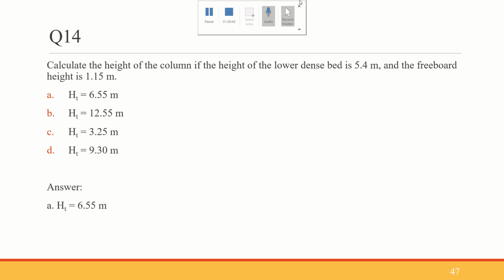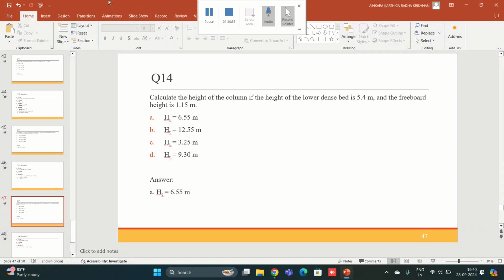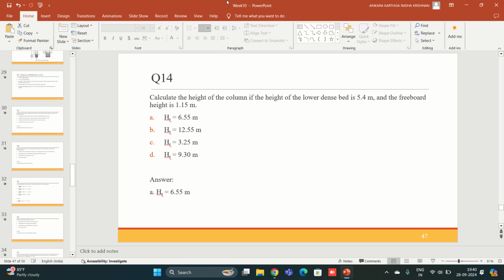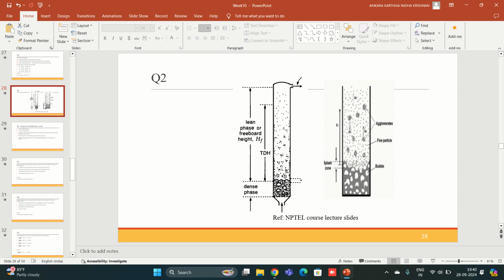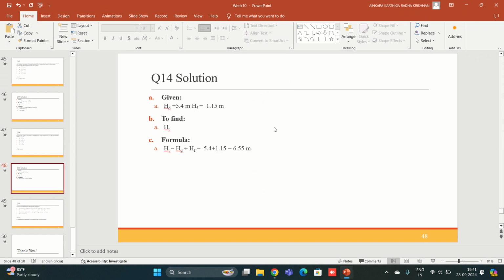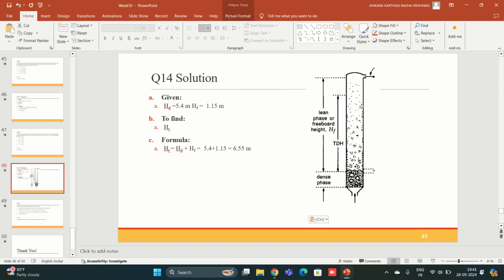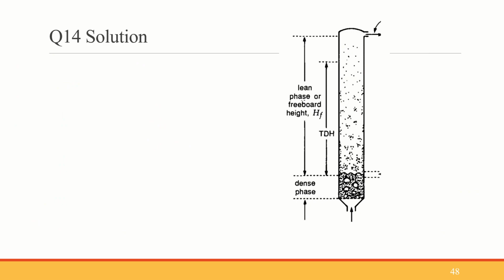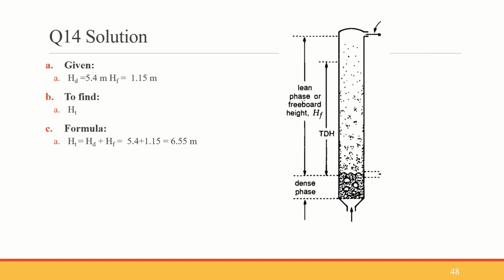So again, it is the simplest problem where we are asked to find the height of the column given the height of the lower dense bed region and the height of the freeboard region. So if we go back, now I think it would be very clear.